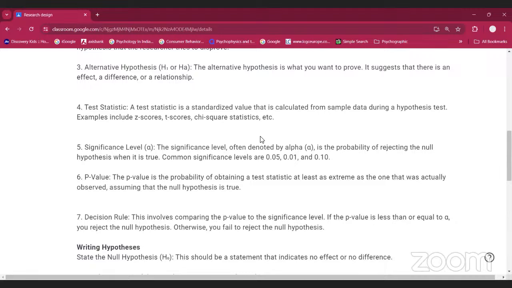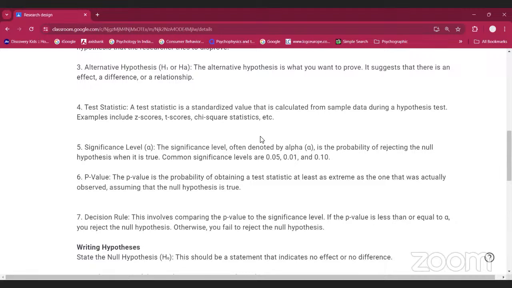Significance level, alpha. Significance level, often denoted by alpha, is the probability of rejecting the null hypothesis when it is true. Common significance levels are 0.05, 0.01, and 0.10.